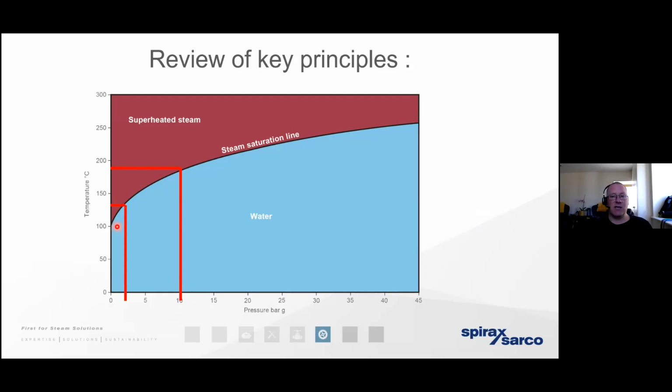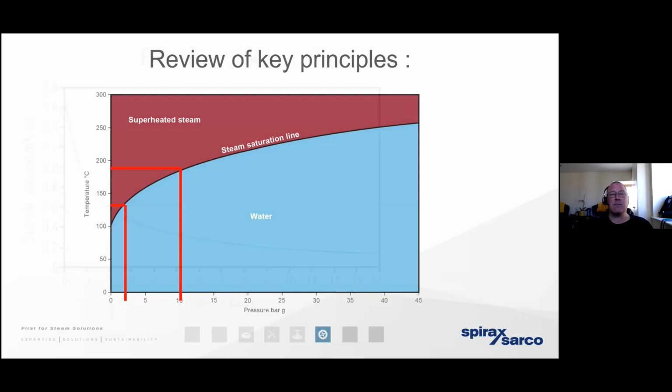The condensate retains the sensible heat, but the temperatures remain the same. So that condensate that exists in the distribution pipework at 10 bar gauge, it's sat there as a liquid at 184. The condensate that's sat there at the process at 2 bar gauge, it's sat there as a liquid at 132. The condensate can exist as a liquid at that high temperature because of the pressure.